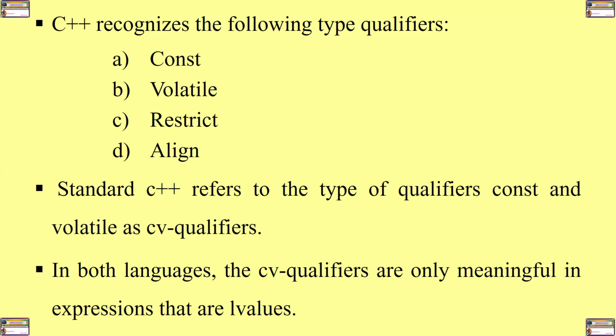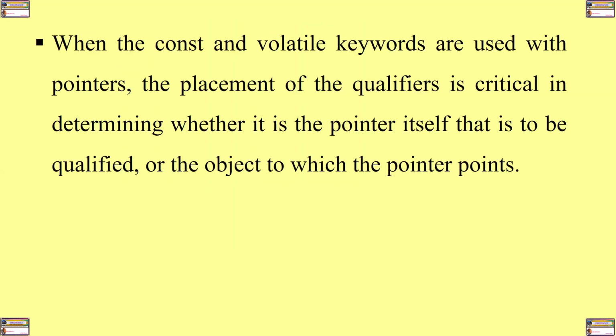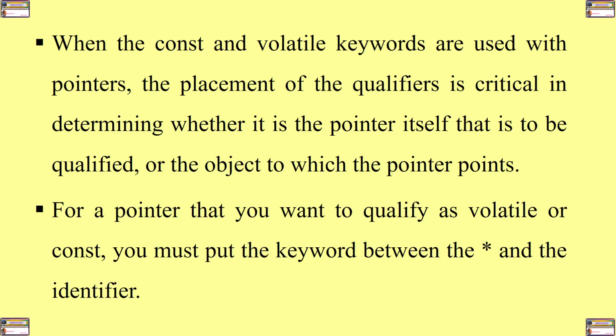In both languages, the CV qualifiers are only meaningful in expressions that are lvalues. When the const and volatile keywords are used with pointers, the placement of the qualifiers is critical in determining whether it is the pointer itself that is to be qualified or the object to which the pointer points. For a pointer that you want to qualify as volatile or const, you must put the keyword between the pointer operator and the identifier.